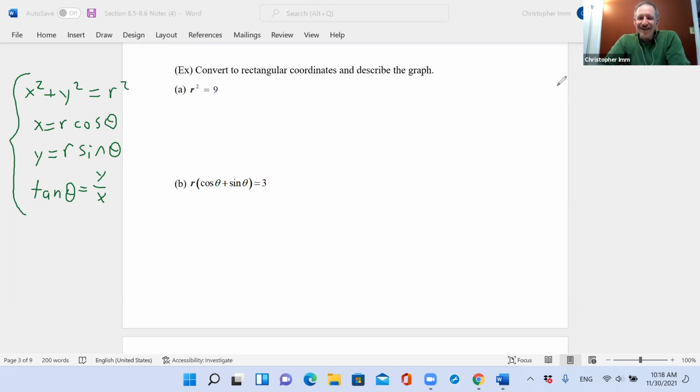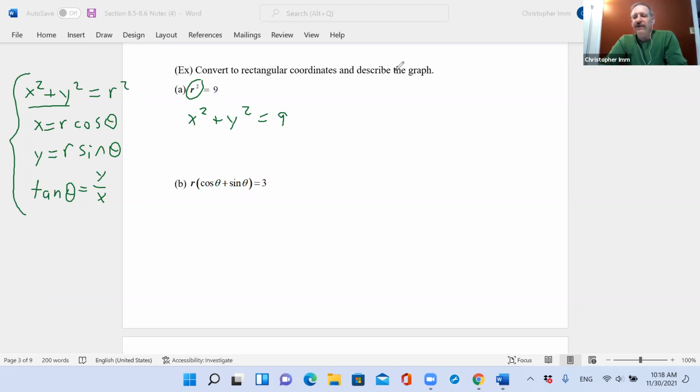Now, some of these, like we talked about, won't be functions. So we won't be able to plot them with our calculator, but some of them we will know the graphs from those. So this first one, I see this r squared. I'm like, hey, r squared. I know that that's equal to x squared plus y squared. So I'm just going to put that in there. And I can't really solve this for y.